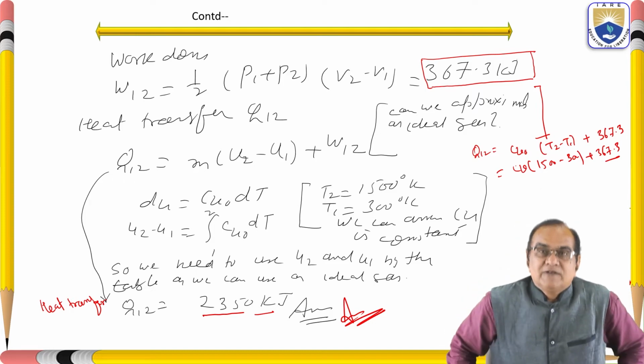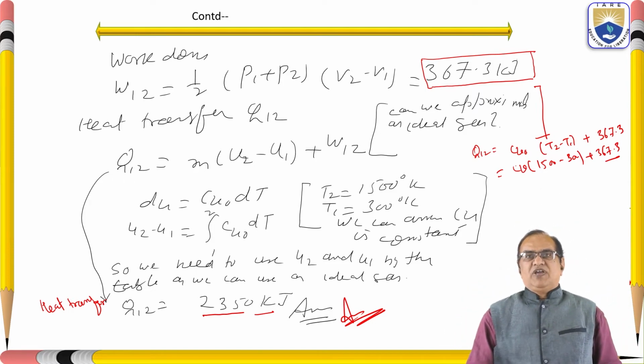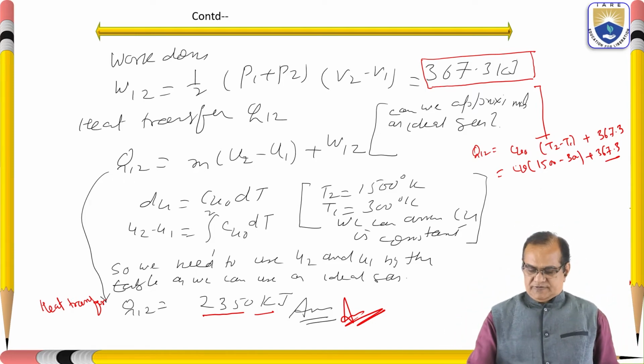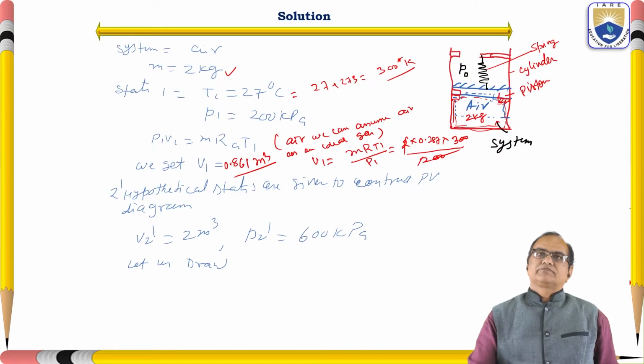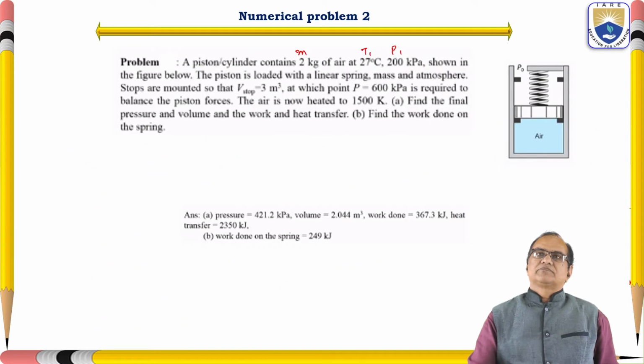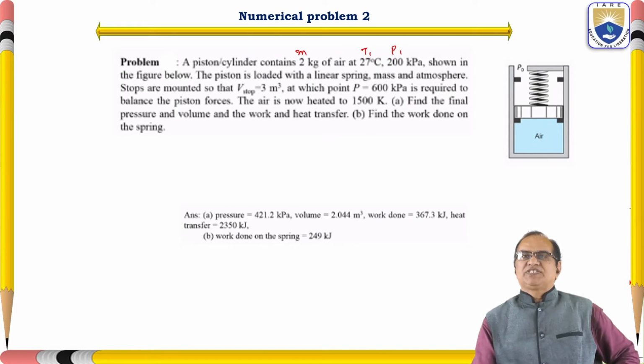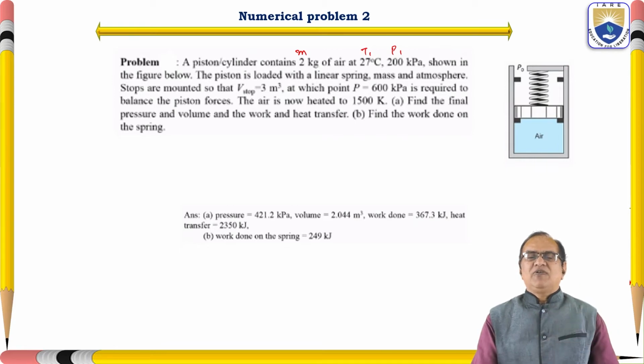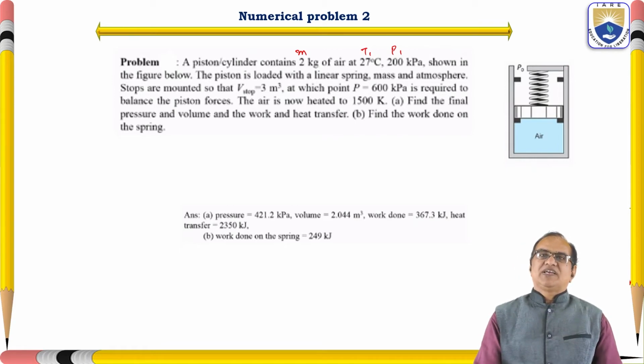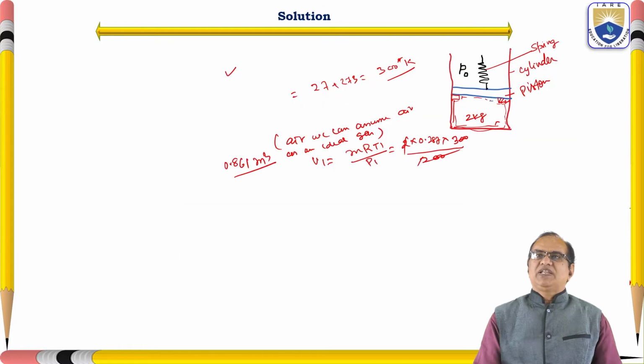How much have we got? 367.3 kilojoule, and minus this work done, we can get the work done on the spring, 249 kilojoule.